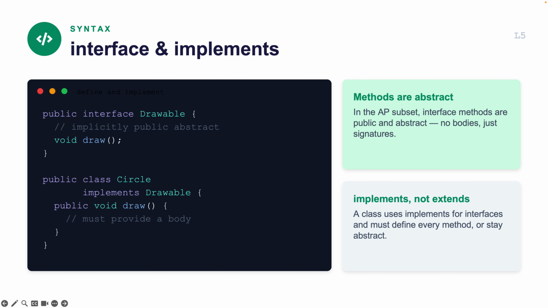In the example, the interface declares the method header, and the class that implements it fills in the actual code. The most powerful part, a class can implement several interfaces at once, separated by commas, even though it can only extend one parent class. So interfaces are how Java lets a single class take on many capabilities from many sources.